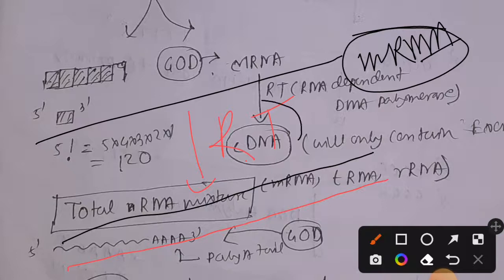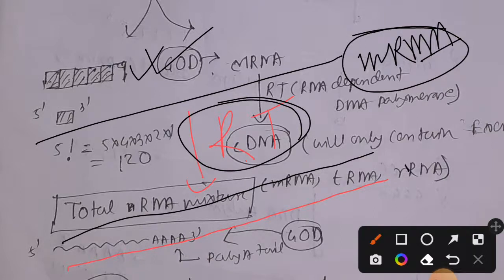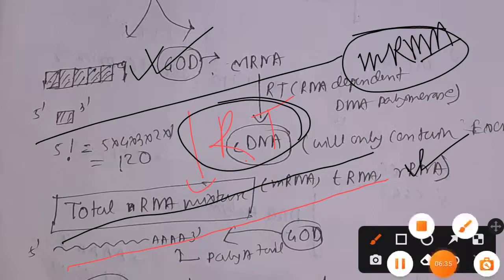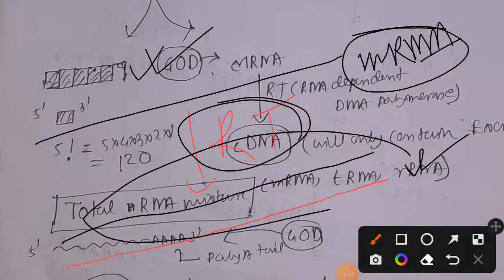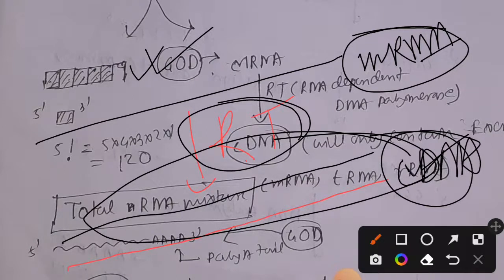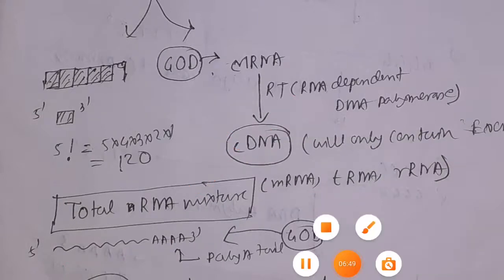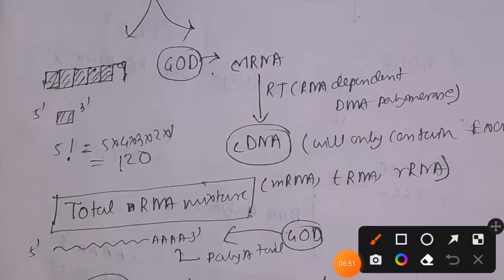Because this reverse transcriptase uses the mRNA molecule as a template and creates a single stranded DNA molecule. Now we end up with a DNA hybrid which contains a cDNA. Now why the name cDNA? I hope you can understand, because it is the complement of the mRNA, right? So we end up with a complementary DNA molecule.